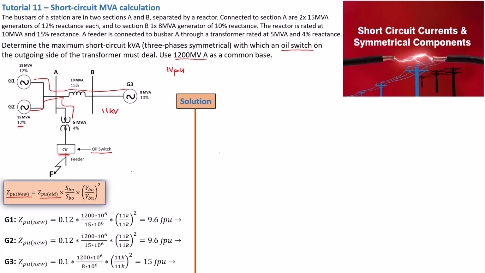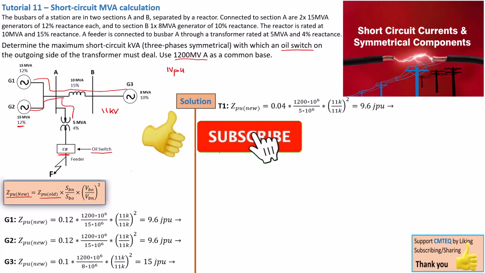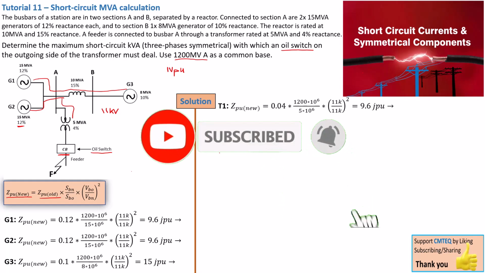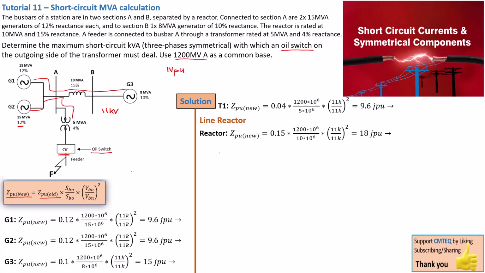Right, now we move on to the next equipment that we need to find the per unit equivalent for, the reactor and the transformer. Doing the transformer, we've got an old per unit reactance of 4%, and converting with a new base, we found a Z per unit new for the transformer equal to 9.6 j per unit. And we move on to the reactor, which is basically our line per unit impedance there.